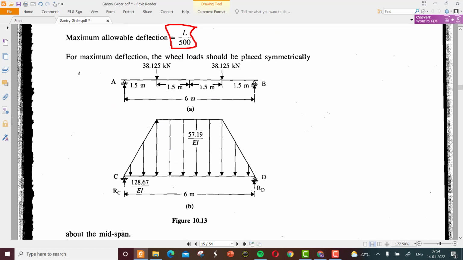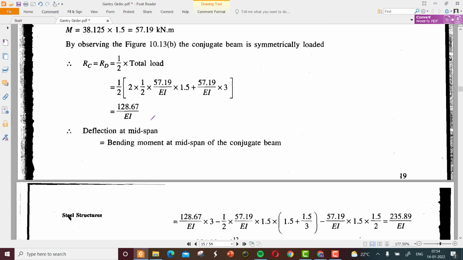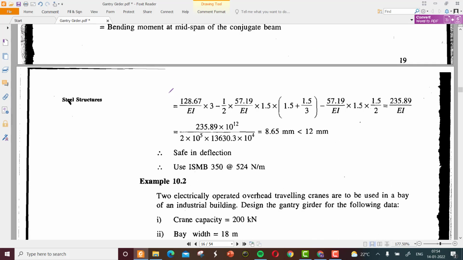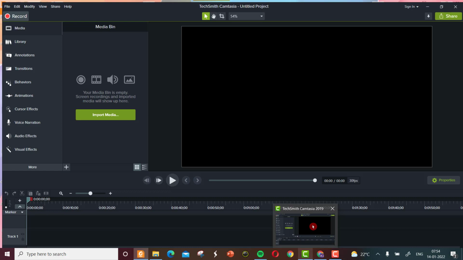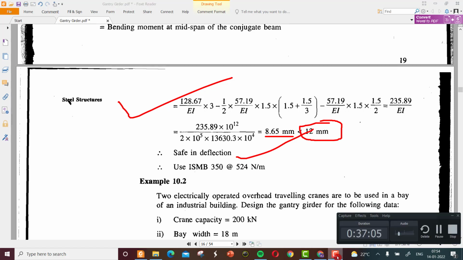We position the loads to get the maximum deflection, and the calculation of deflection at mid span, as a contribution of every load by the method of superposition, gives a deflection of 8.65, which is less than 12 mm. So the gantry girder proposed is safe for deflection. So I will stop for today. Thank you.